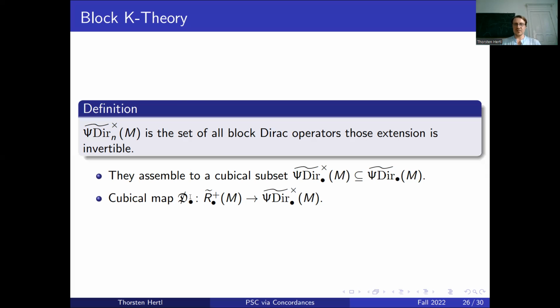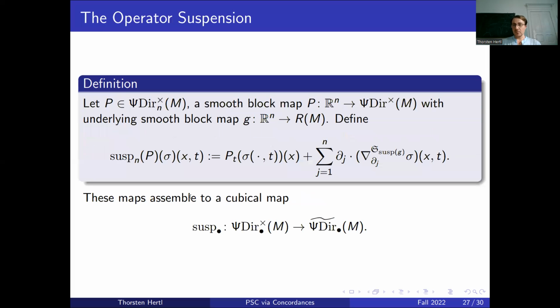Okay, so this is kind of an analogy of the previous video. We have, so to say, blockified the space of all invertible Dirac operators. And as before, we would like to connect it to the original space.